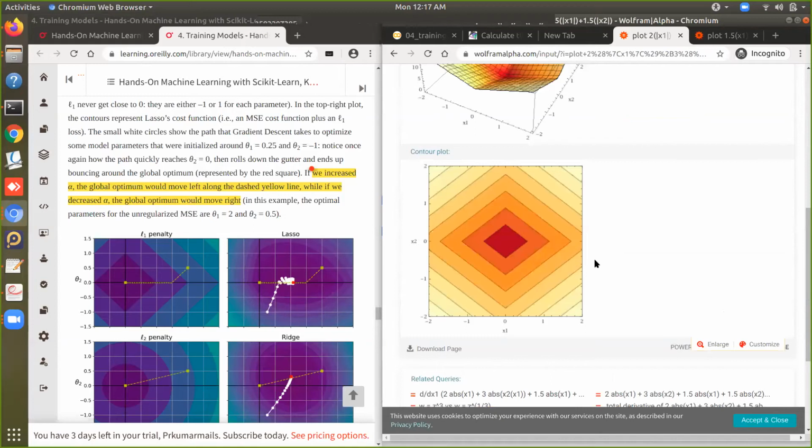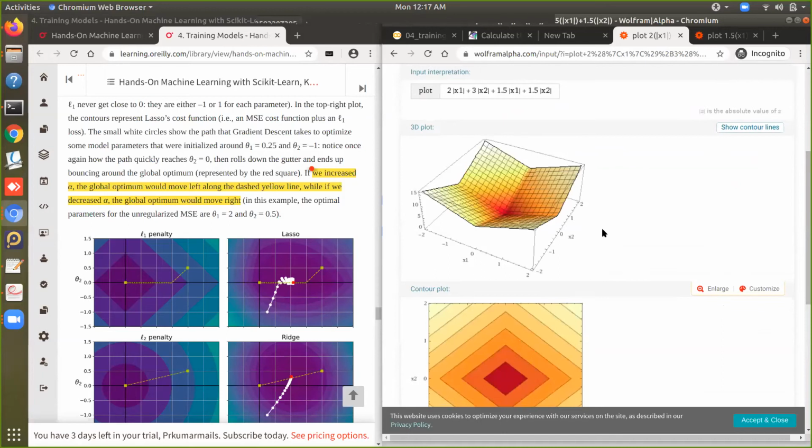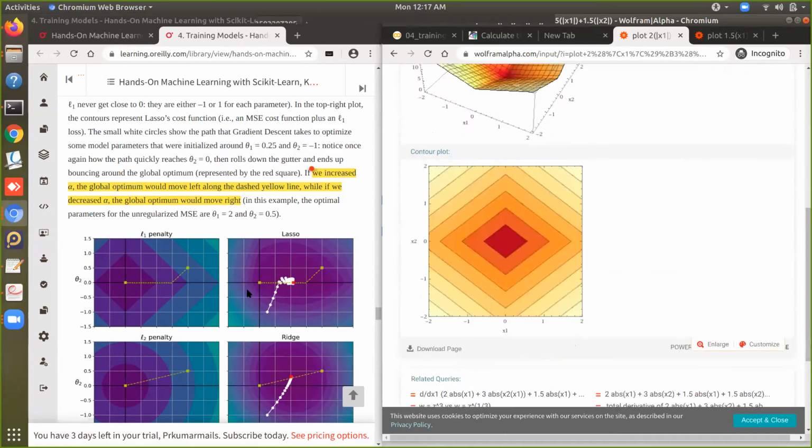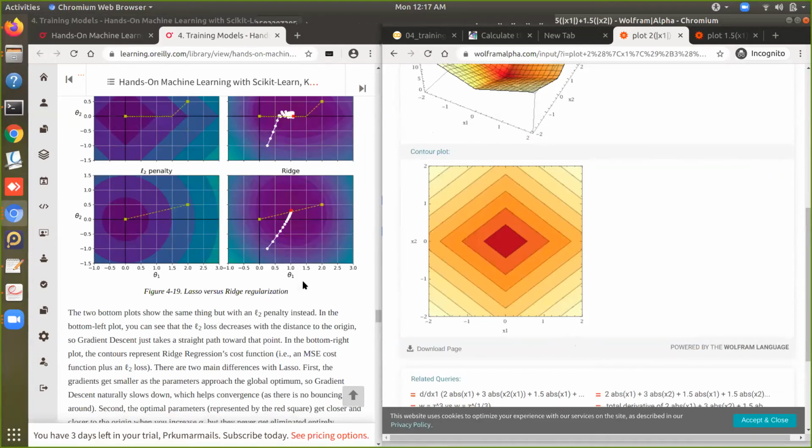Our origin gets some more bias, and with that our origin gets somewhat deviated. That's the reason the origin gets deviated here, and the dark circles are reaching here. The same case is applicable for ridge regression also.